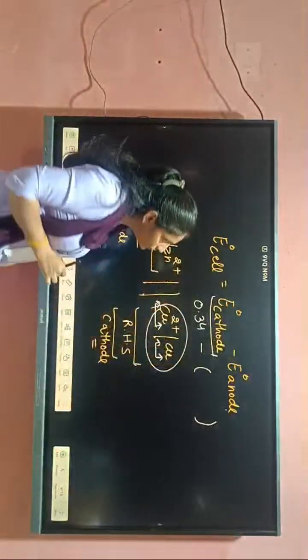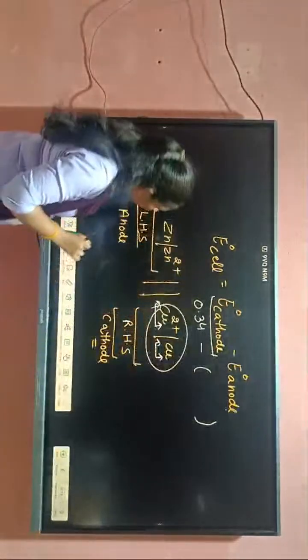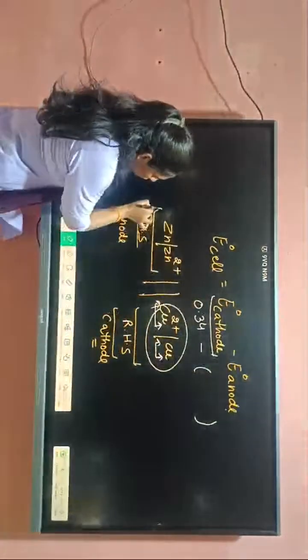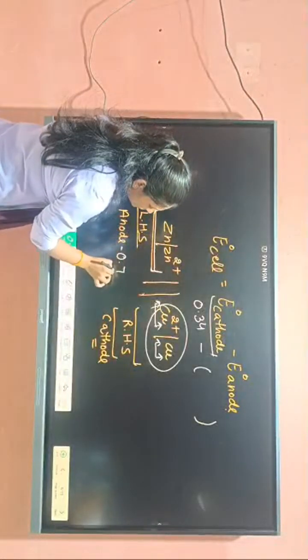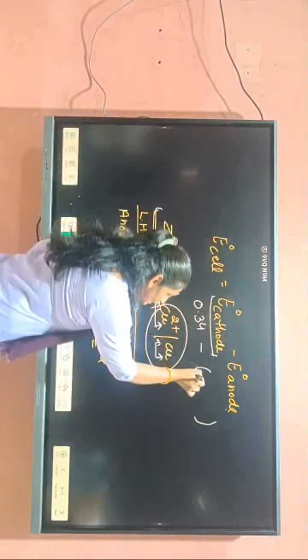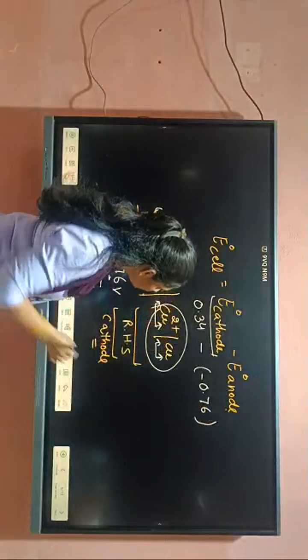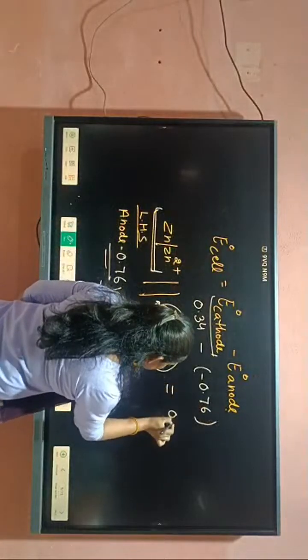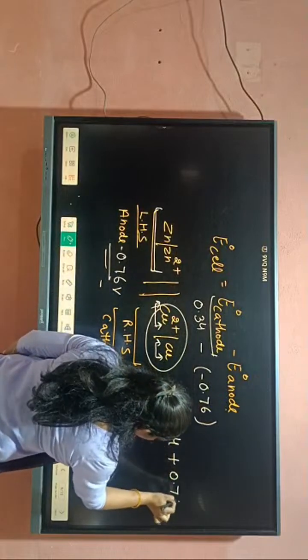Now you will see E naught anode means the reduction potential of the anode. So for zinc it is given as minus 0.76 volt. You will keep this value, and now students, what will you get? 0.34 plus 0.76.